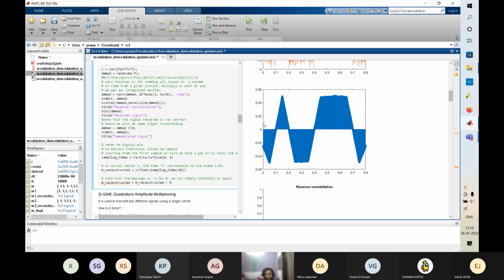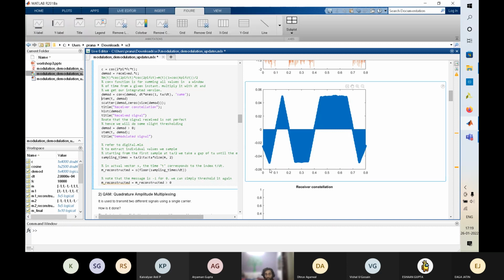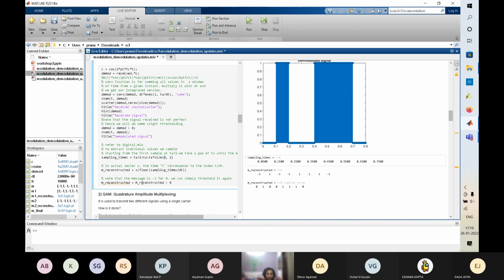This is one bit, second bit, third bit, and we are taking the output at the center here, at time, let's say, 0.5. If it is greater than 0, then we say that the output is 1. If it is less than 0, then we say the output is 0. By doing this, we have reconstructed the message bit. So this m reconstructed is the same as what we sent before.